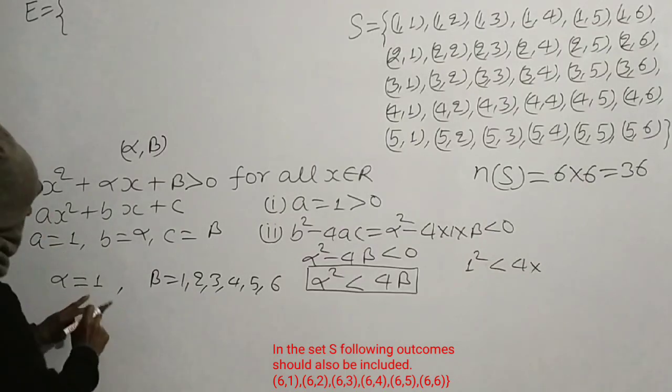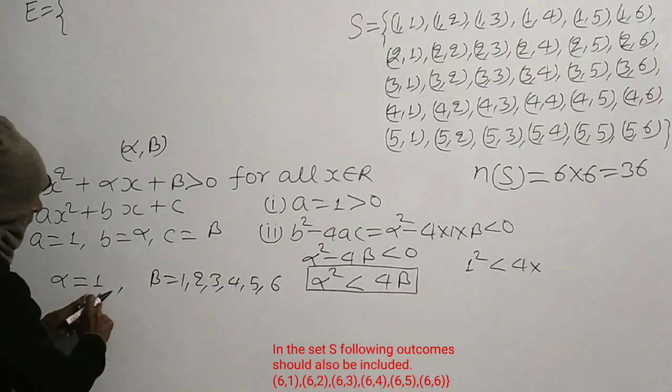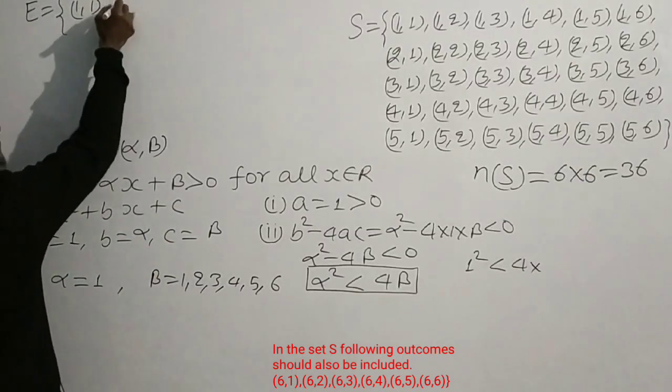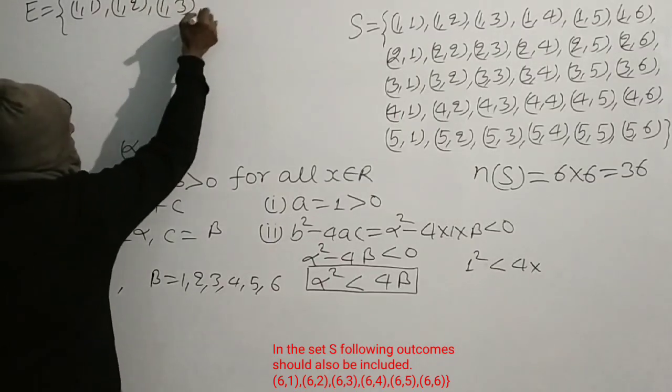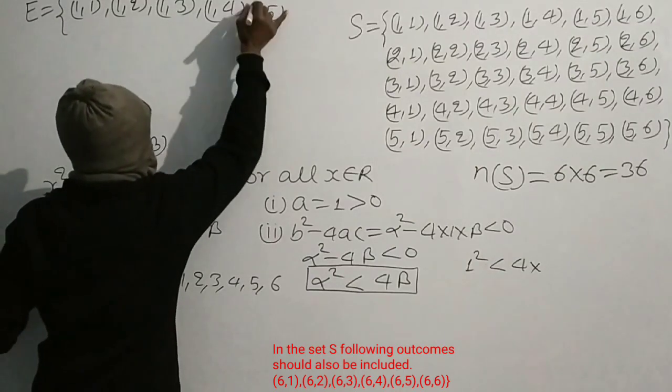That means in the event, the outcomes favorable to this event will be 1 1, 1 2, 1 3, 1 4, 1 5, 1 6.